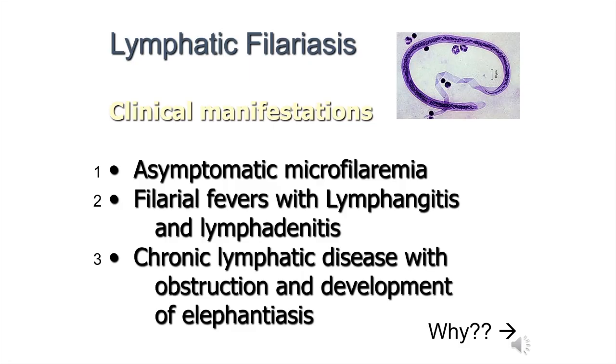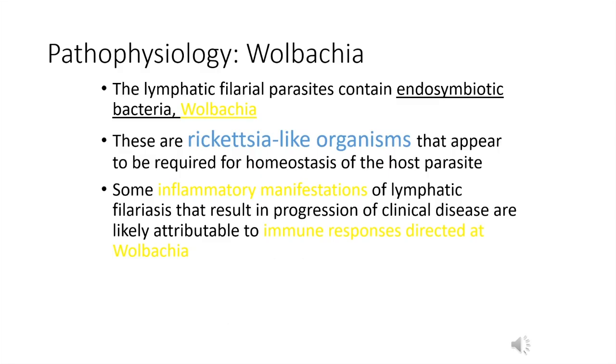Now, why does this happen? It is said here that the bacteria called Wolbachia, if it comes to infect those parasites, then it will affect them, and there will be inflammation invited by those parasites, by the infection with those bacteria into the parasite.